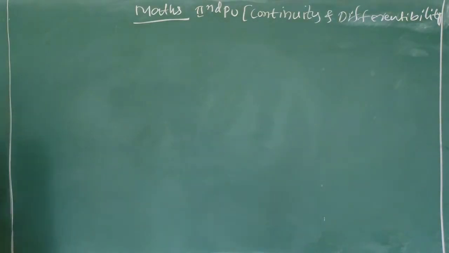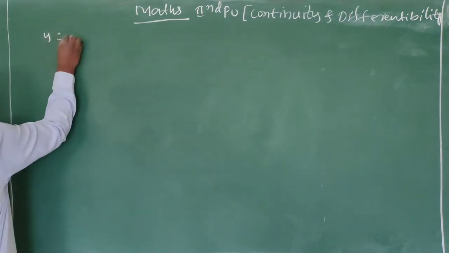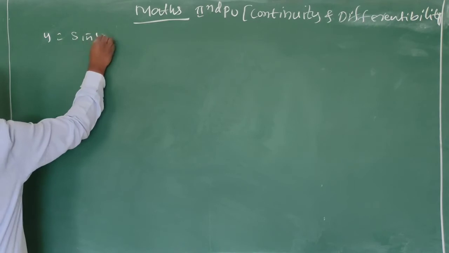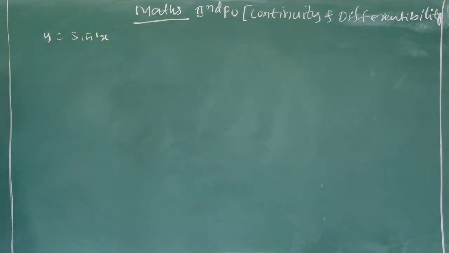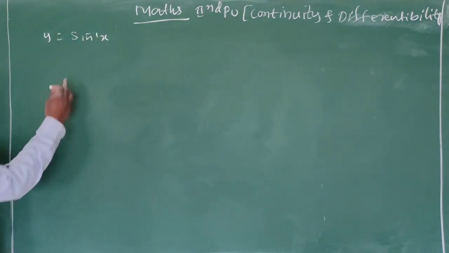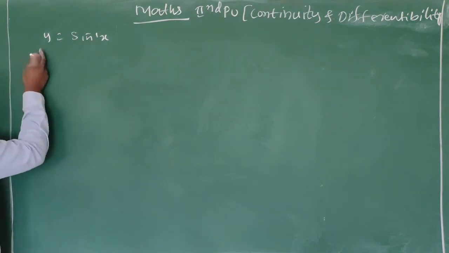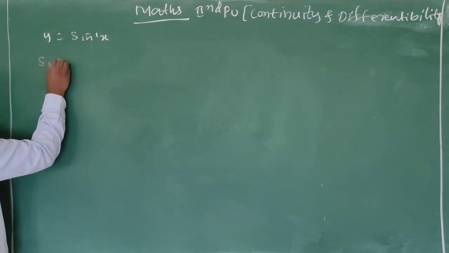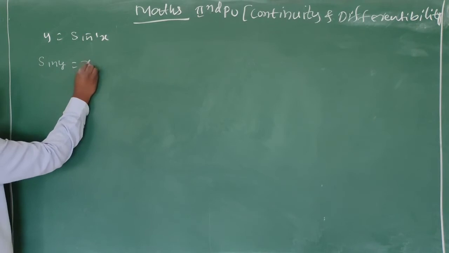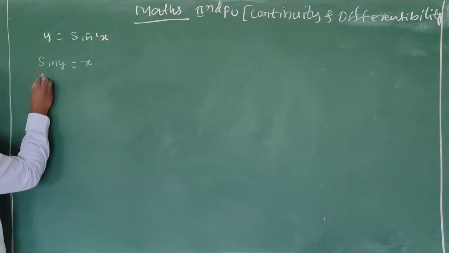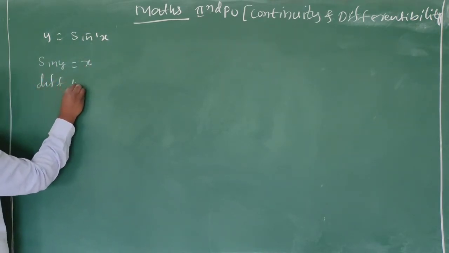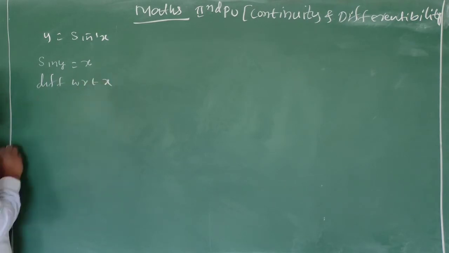Suppose y is equal to sin inverse x. This sin inverse will come to the LHS, which means it becomes sin. Sin y is equal to x. Differentiate with respect to x.